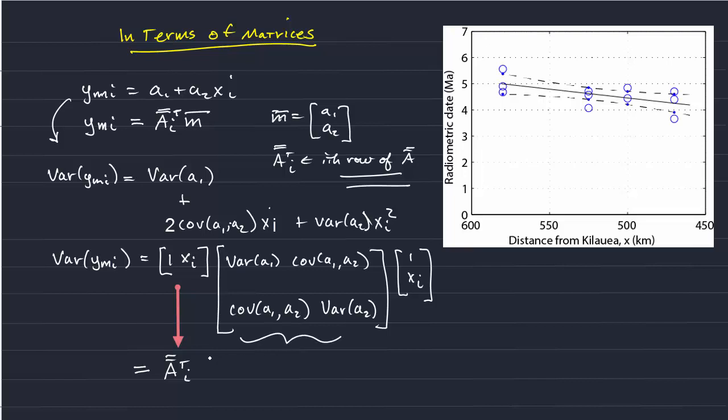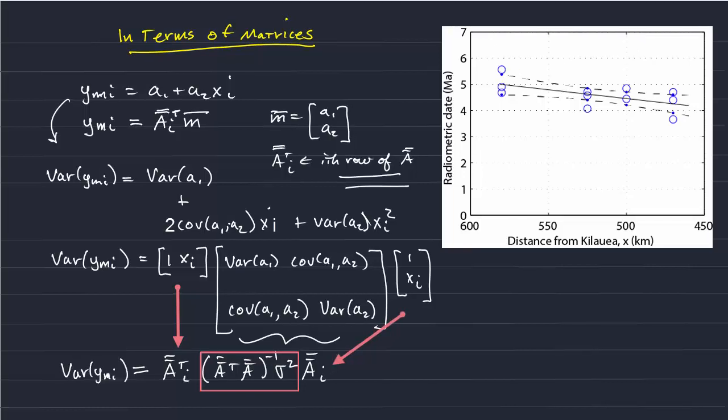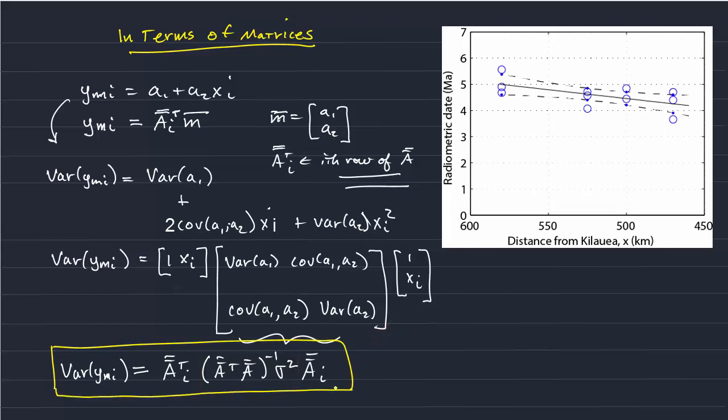And this whole term is simply A transpose A inverse times sigma squared, and then we have a i. So this is the matrix form of the variance of our regression function at each point of i along our regression curve.